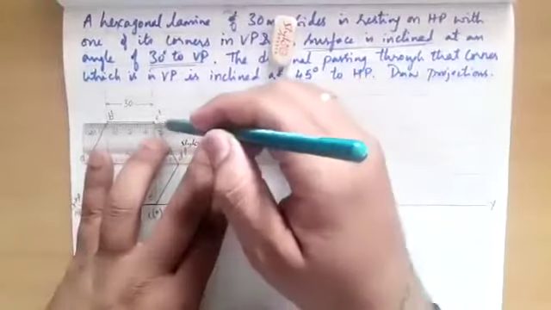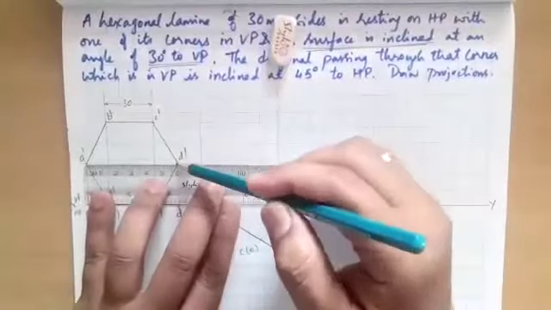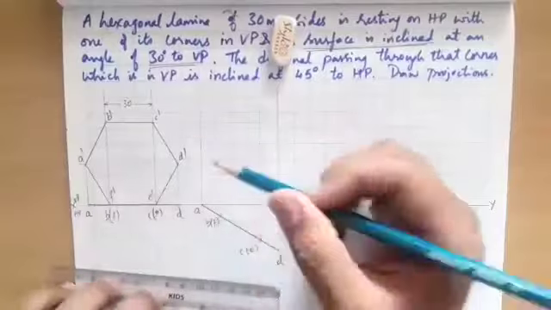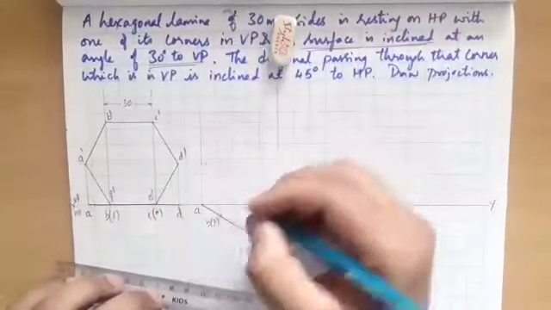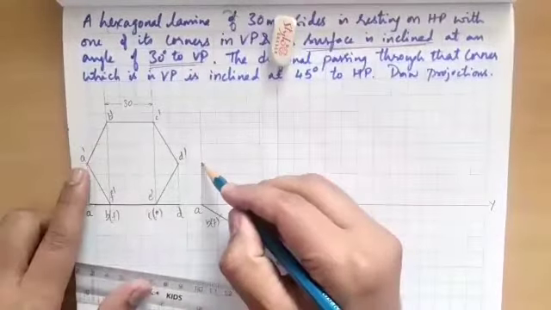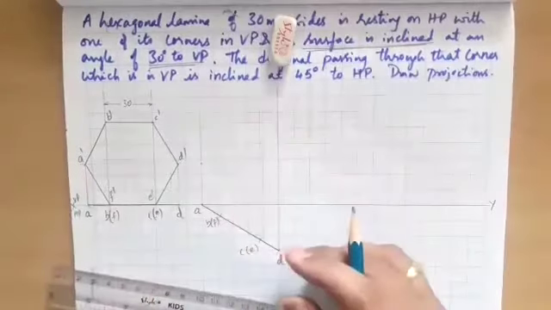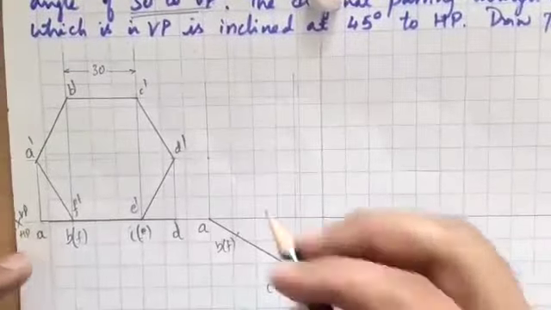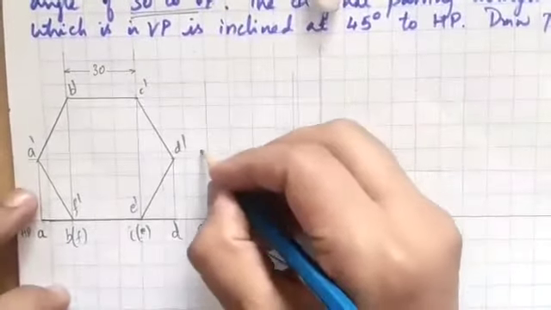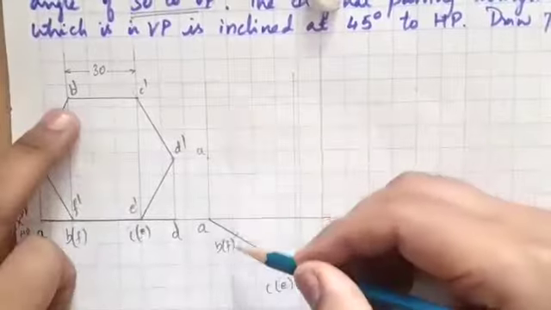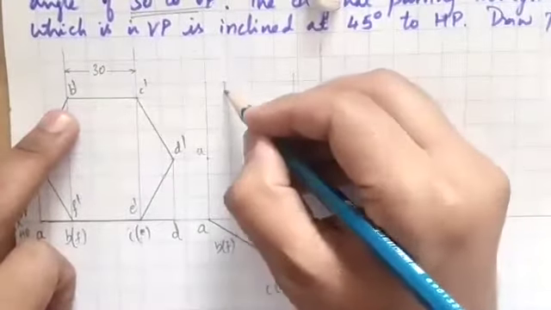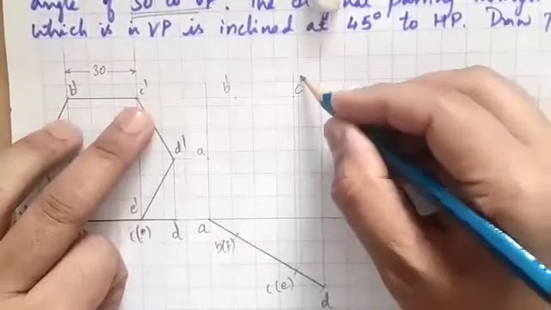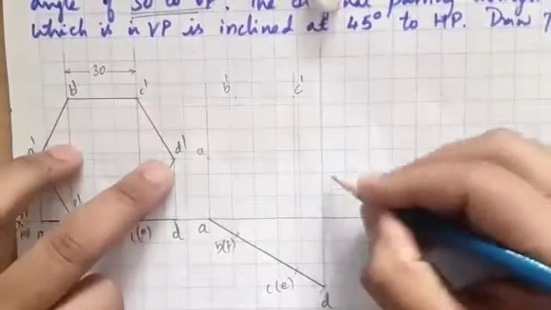Next, from B and C, I'm going to draw a projector, AB as well as FE. Start from A, B, C, D, E, and then complete it. So this is A dash and A is meeting here. This is A. Then B dash and B is meeting here. This is B dash. C dash and C is meeting here. And D dash and D is meeting here.